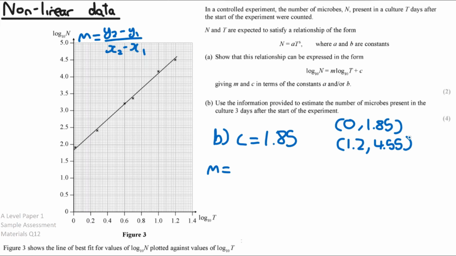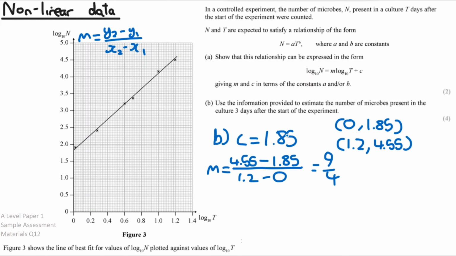So the gradient is going to be y2, which is 4.55, minus y1, which is 1.85, over x2, which is 1.2, minus x1, which is 0. If you put this into a calculator, this is equal to 9 over 4. So we know the gradient is 9 over 4, and we know the y-intercept is 1.85.